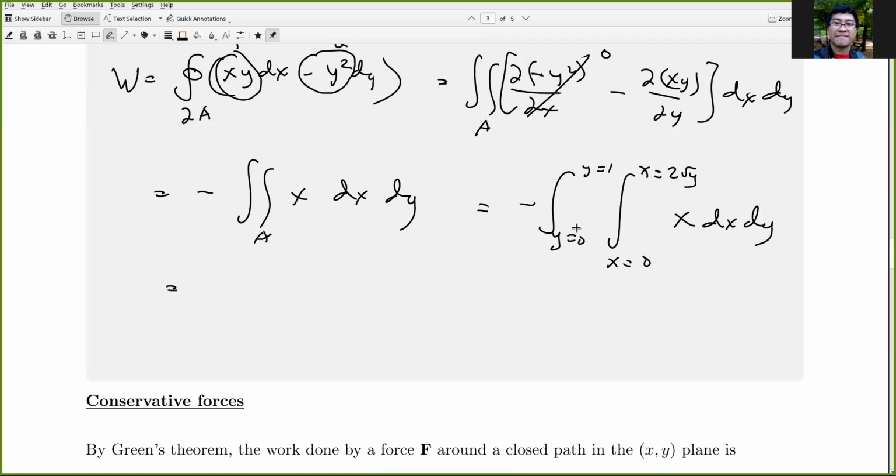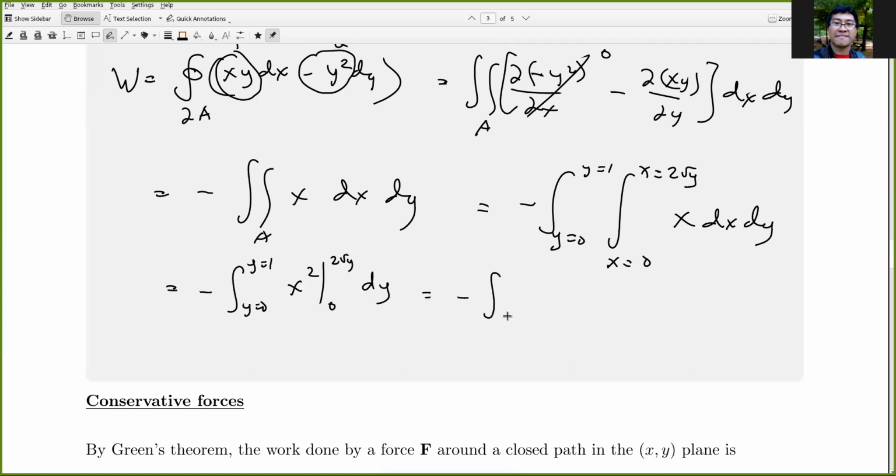So the integral of x is x squared over 2. So you have negative, y equals 0 to y equals 1, x squared over 2 evaluated from 0 to 2 square root of y, times dy.